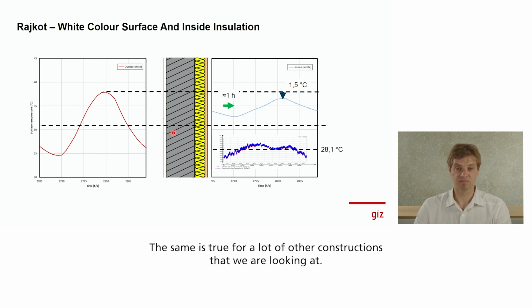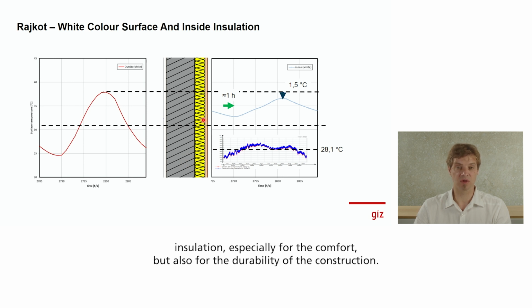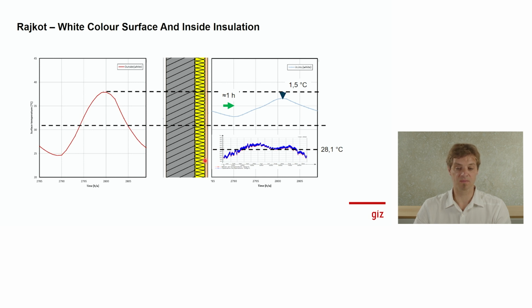The same is true for a lot of other constructions that we are looking at, but especially here, from the energy perspective, there's not much change. But we will see in the other videos that there are quite some differences between an inside and an outside insulation, especially for the comfort, but also for the durability of the construction.